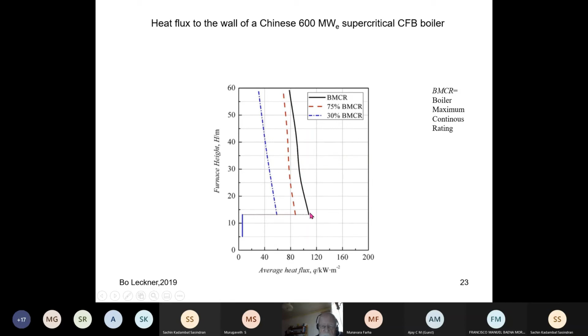So at 100% load, we have a higher heat flux at the bottom than at the top. It is not explained here why this is so, but I think basically it's because of a small change in temperature, not necessarily change in density, because the contribution of radiation is so important.